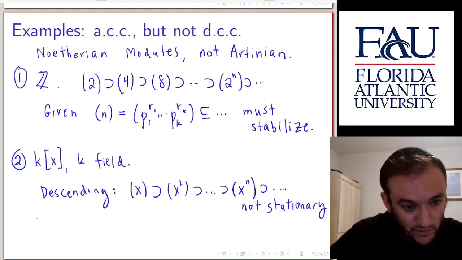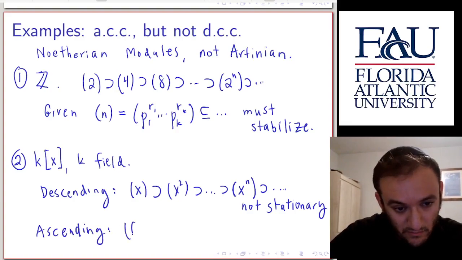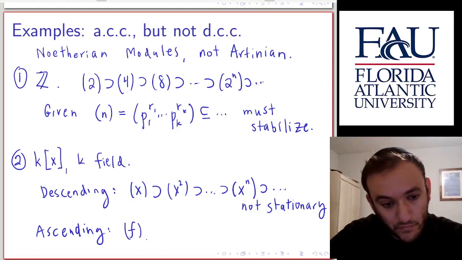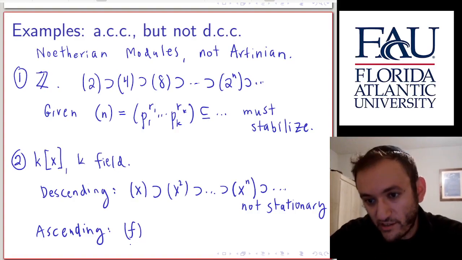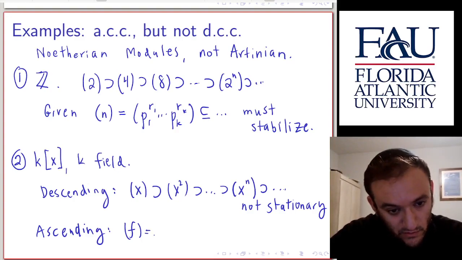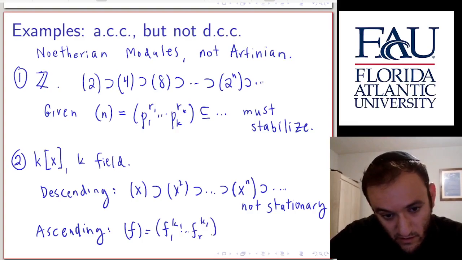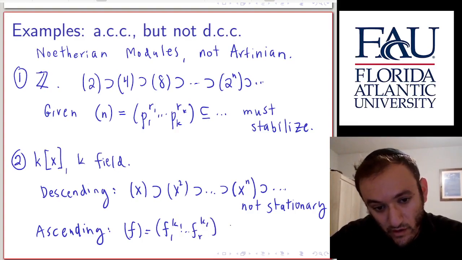On the other hand, if you want to start any ascending chain, your first ideal will be generated by some irreducible polynomial, or some product of irreducible polynomials, equal to f1 to the k1 up to fr to the kr, where the fi are irreducible.